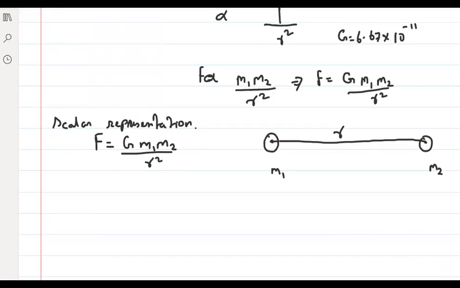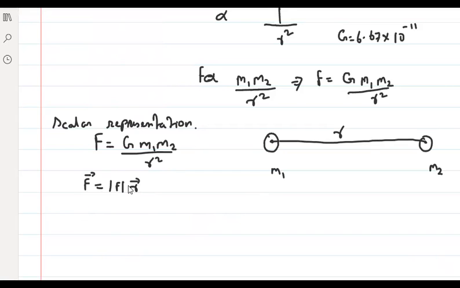Now, what if I want to write the vector representation of the force? So this is the magnitude. We know that any vector can be written as its magnitude into direction. So I'll just write direction as r cap.